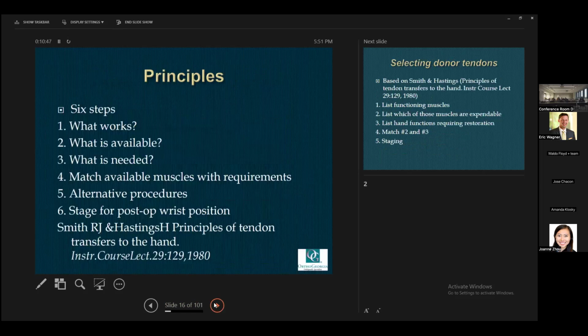So the principles were elucidated best, besides Smith's book, in the AAOS instructional course lectures with Smith and Hill Hastings. What works, what is available, what is needed: you match the available muscles to the requirements, you figure out alternative procedures such as arthrodesis, and you stage for post-op risk position.